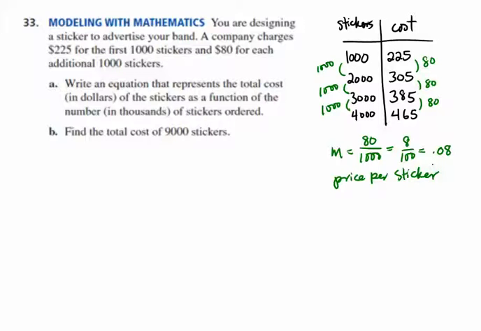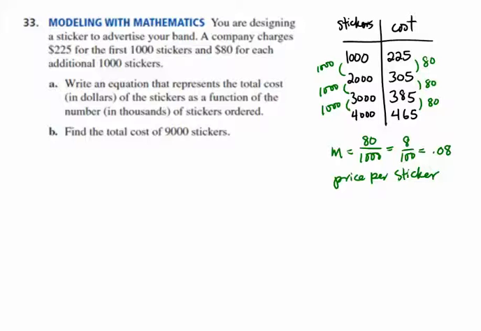So what we need to do now, in order to write an equation that represents the total cost in dollars of the stickers as a function of the number in thousands of stickers ordered, the number in thousands. So what they actually want here is, instead of 1,000, just use the number 1.